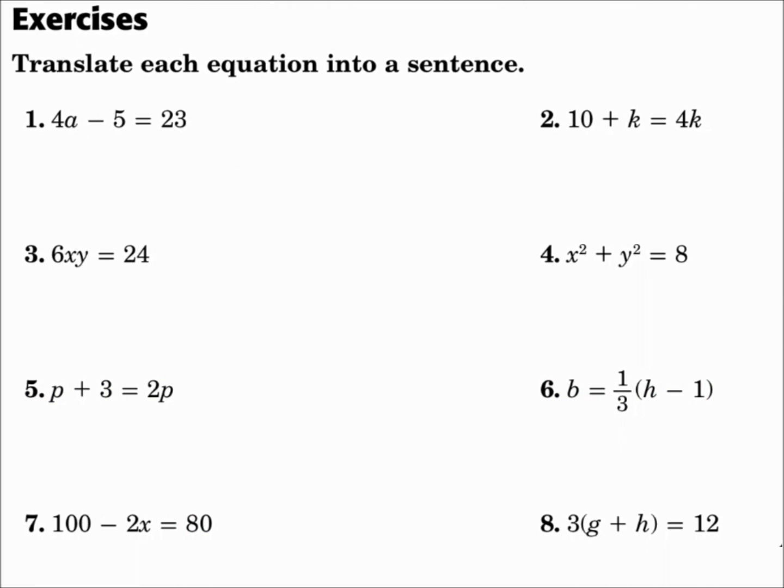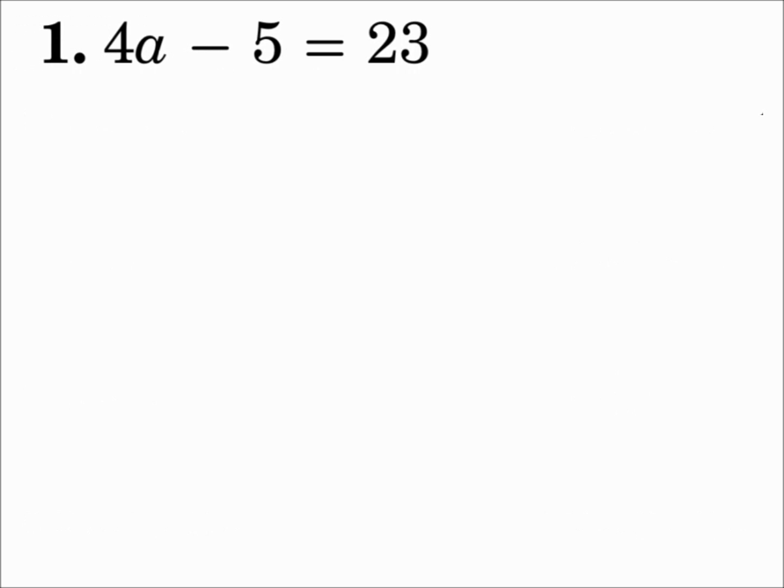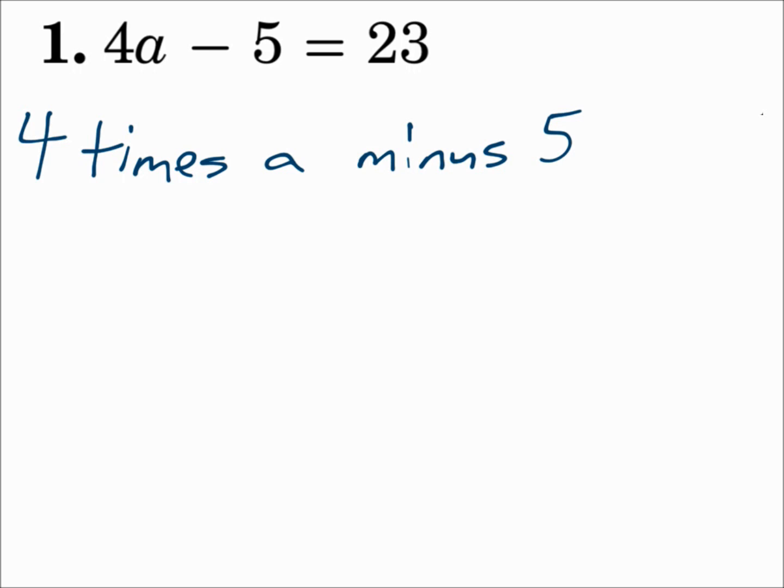Translate each equation into a sentence. Number 1. 4a minus 5 equals 23. Well, 4 is 4, and it's being multiplied by a, so I'll say times a. Then I'm subtracting, so I'll say minus, what am I subtracting? 5.